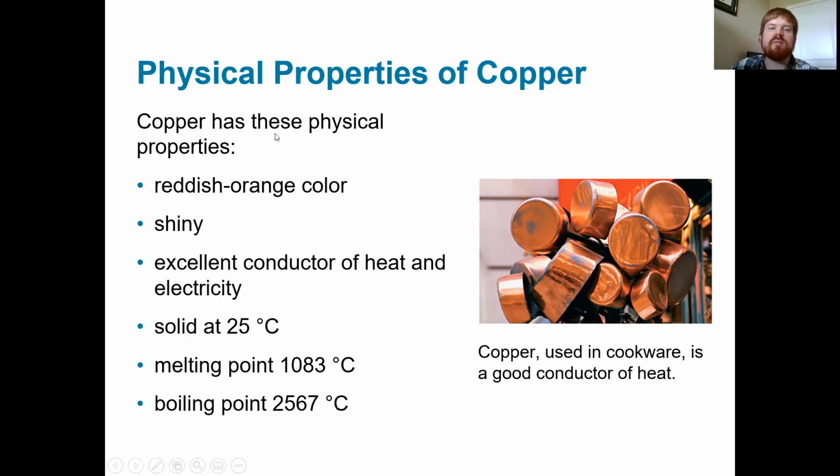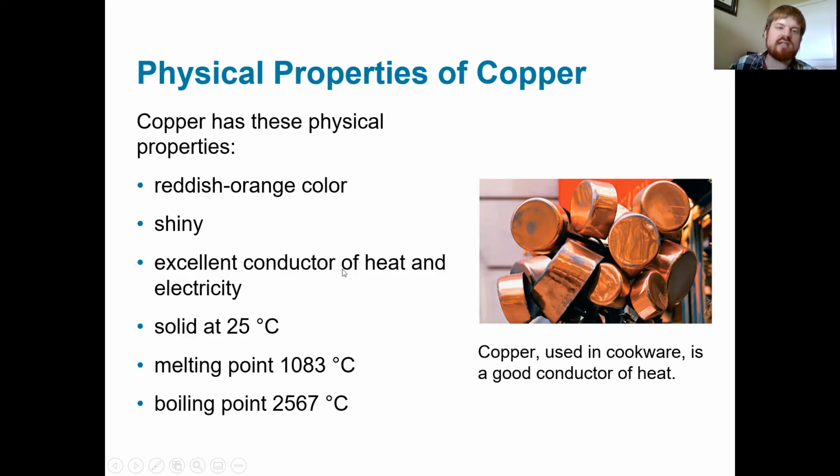That's a physical property. You can also measure its conductivity for heat and electricity, and sure enough, it conducts heat and electricity very well. In both of these cases, you're simply heating it up, for example, or passing electricity through it. You're not changing the identity of the copper. You're just measuring different properties of it.